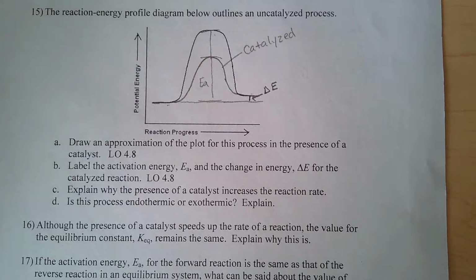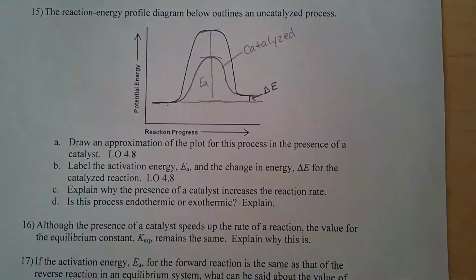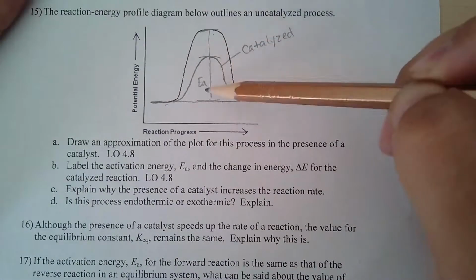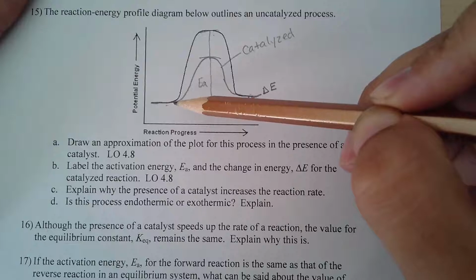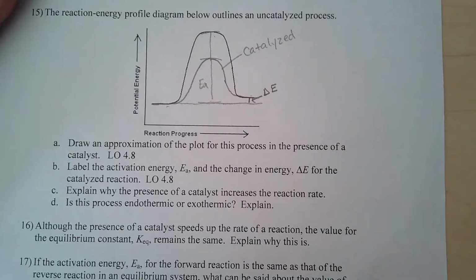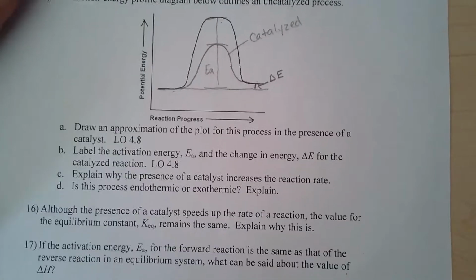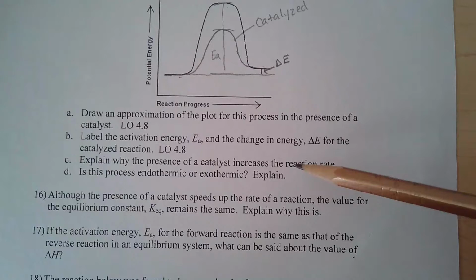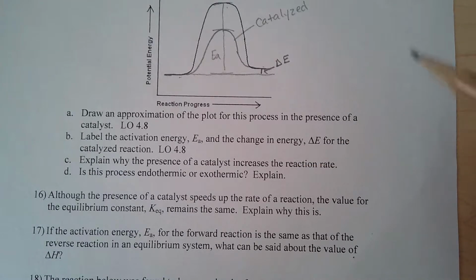So if you have more collisions per period of time that end up resulting in a product, the reaction rate is then higher. So a catalyst lowers your activation energy, which means more reactants collide with sufficient energy to produce your products, which ends up being more product per unit time, which explains the increased reaction rate.